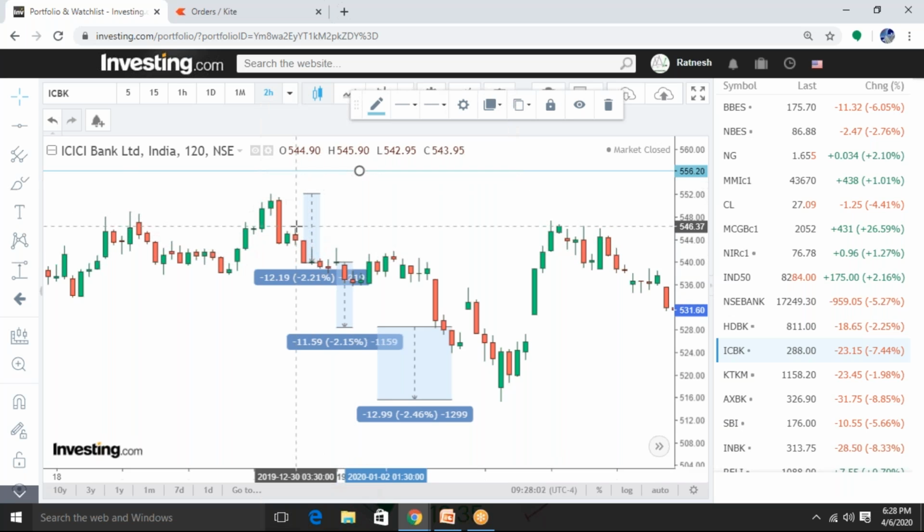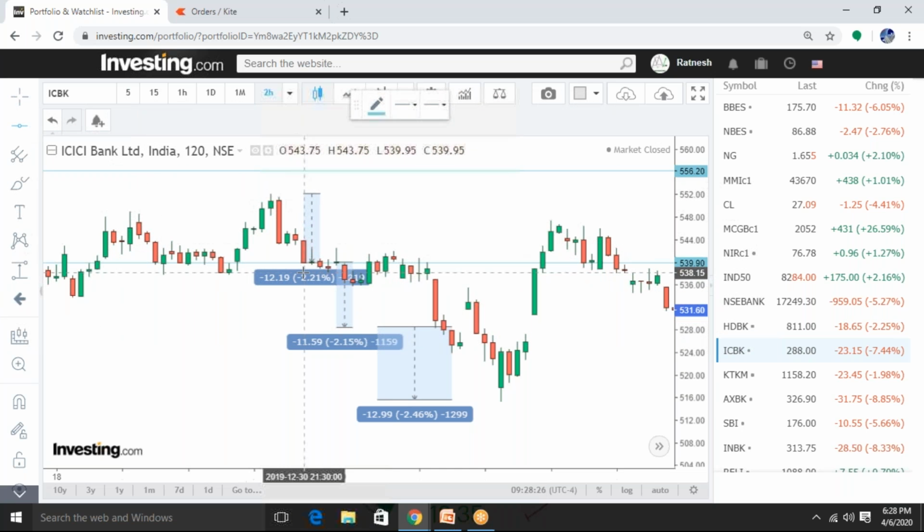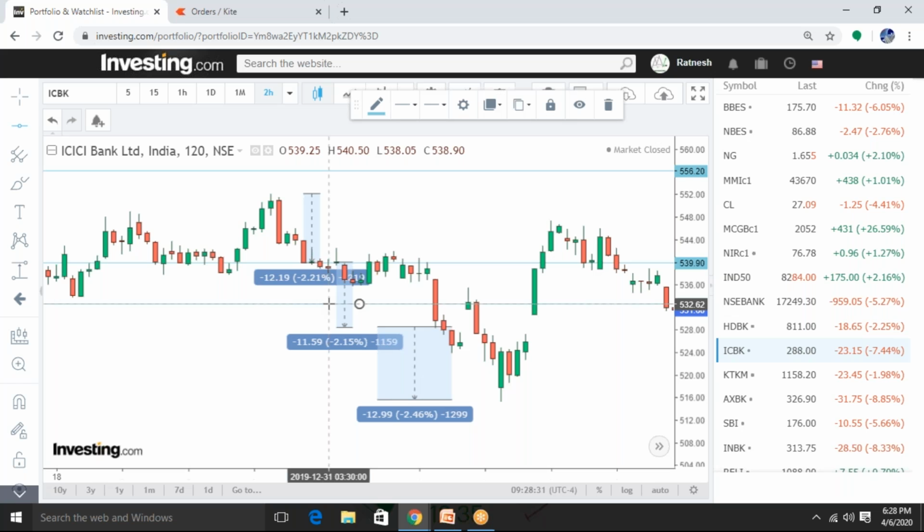The current price of the spot is 540, so he can easily sell the 580 call. Okay, 580 call he can sell. Or at this level he can buy the put option of 520, or since the current price is 540, he can take the put option of 540 or 520.